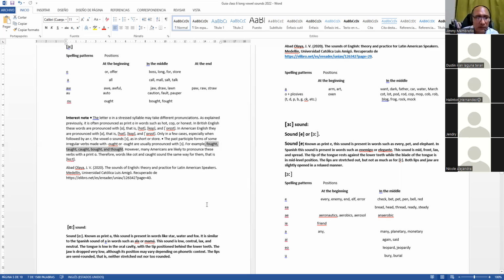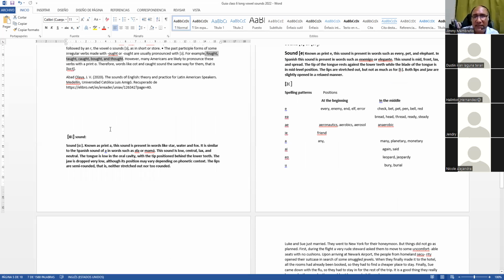Now we're going to check this other sound. This is the fourth sound, and this is A. It's easy because we have it in Spanish. It's the letter A in Spanish. For example, it's known as the open A. This sound is present in words like star, water, and fax.